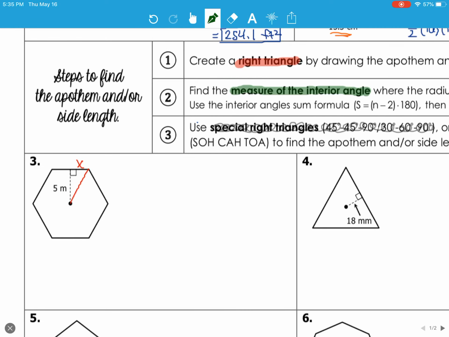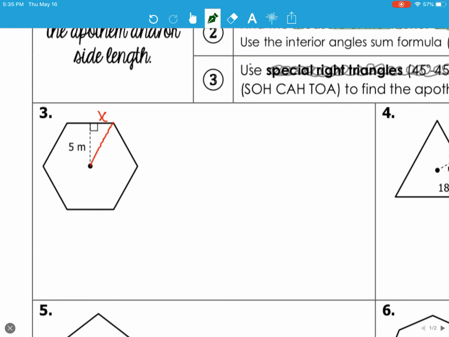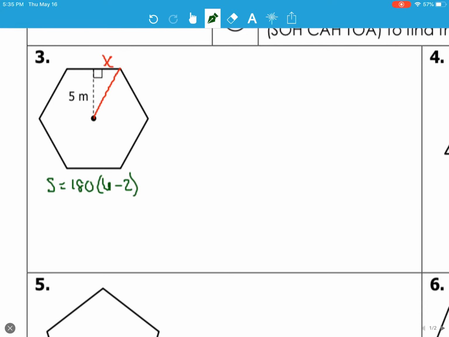First things first, I'm going to use that sum formula that we learned a while ago, where the sum of all the interior angles is 180 times the quantity of the number of sides minus 2. Well, I know the number of sides in here is 6. So all of the interior angles inside of that hexagon are going to add up to 720 degrees.